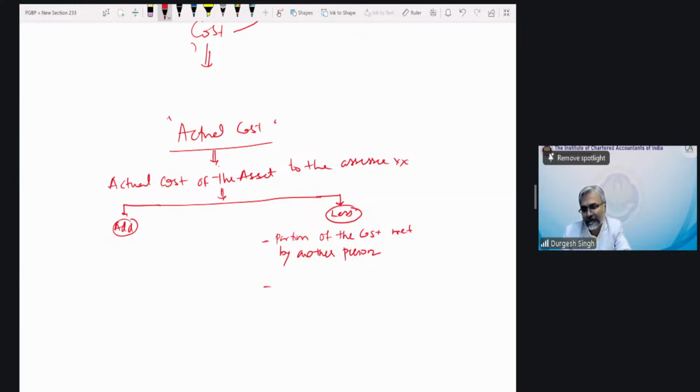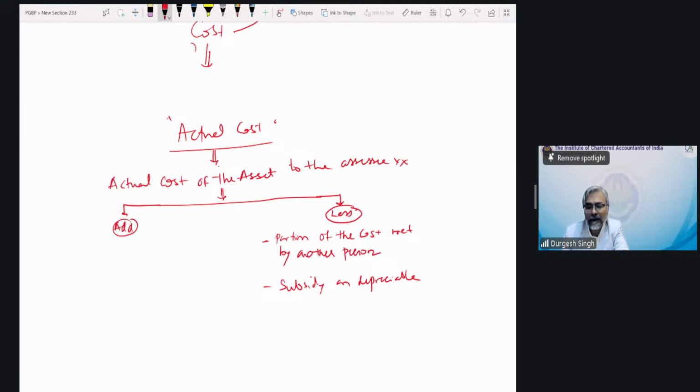Second, subsidy on depreciable asset. This is covered in the ICDS.